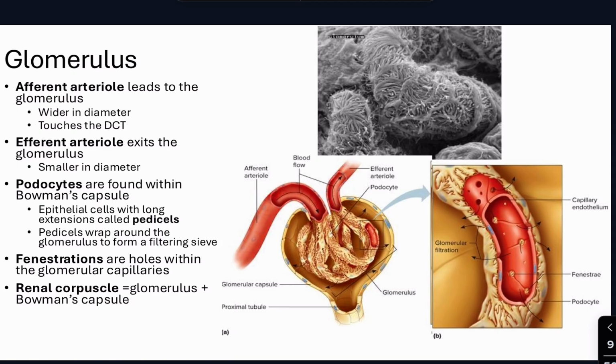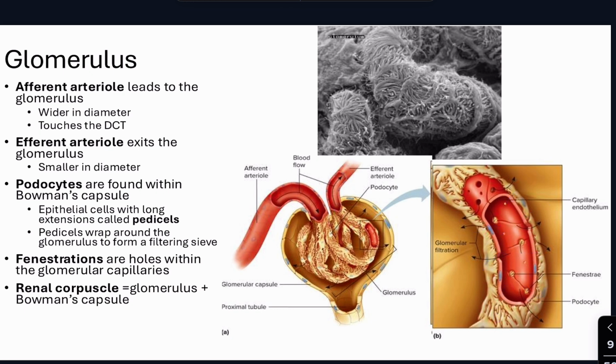That's kind of the driving force that is pushing all of this stuff out into our nephron. That's how we leave the blood vessels, leave these capillaries, and enter into the nephron. Right? Because you have all that pressure pushing the stuff out of the vessels, and that's very important.